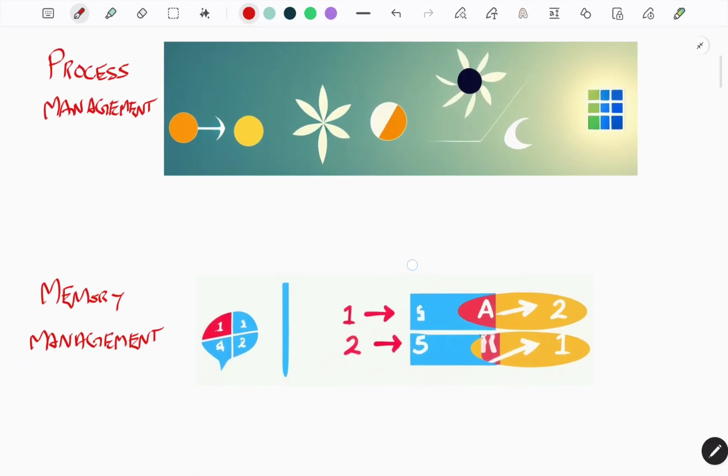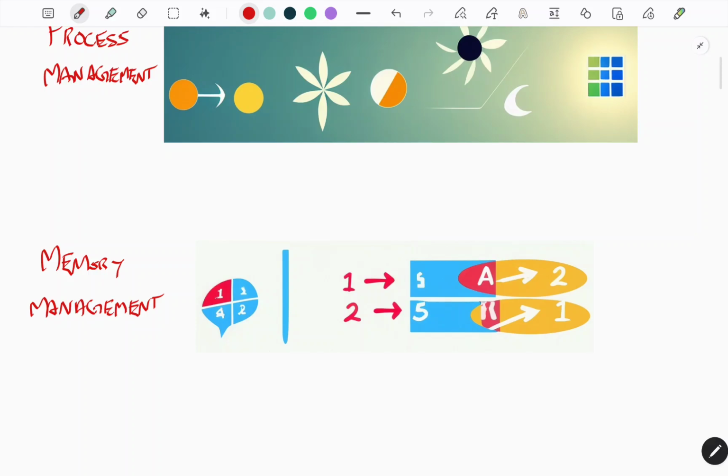So another one over here is the memory management, to ensure that the physical memory and the virtual memory coordinate and allocate accordingly to the process, or to the program, or to whatever task that you have commanded the computer to do.